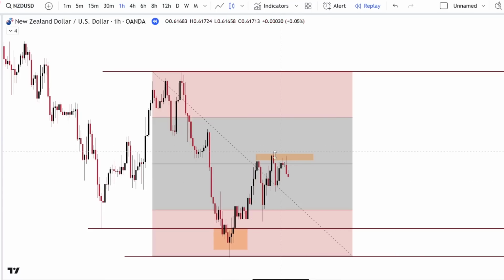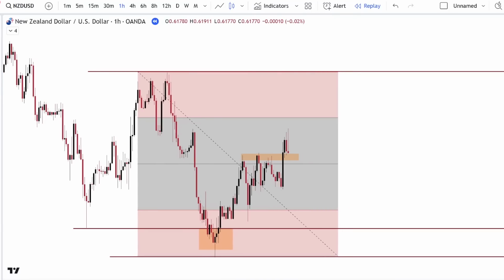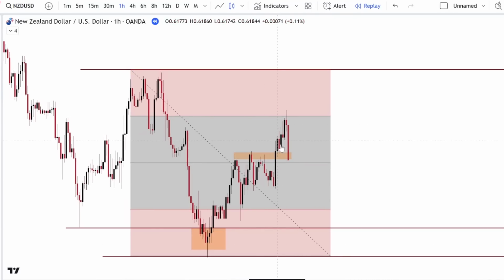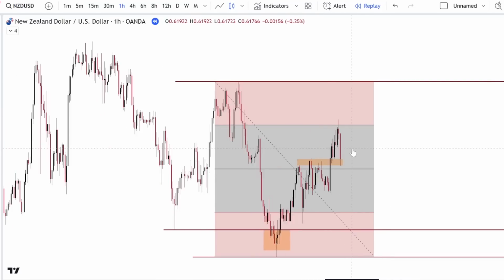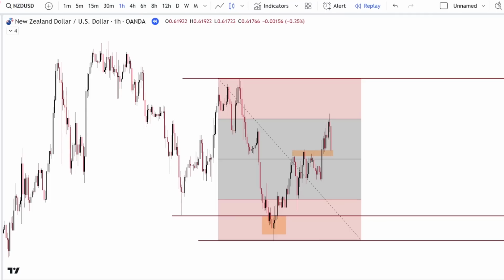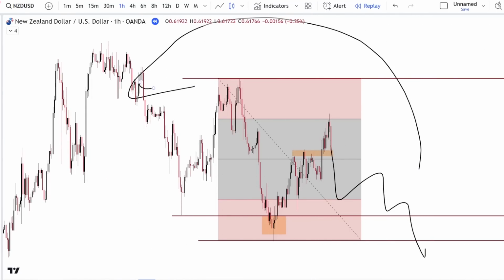Because you're trying to buy price really close to your premium. And like we said previously, price could always reverse in your fair price. As you can see, the breakout happened, price reached your premium, and now what do you expect? You expect price to continue with the trend, which is bearish.